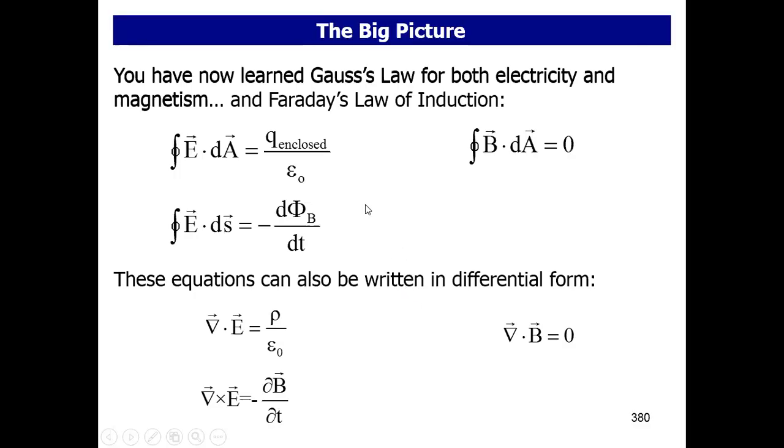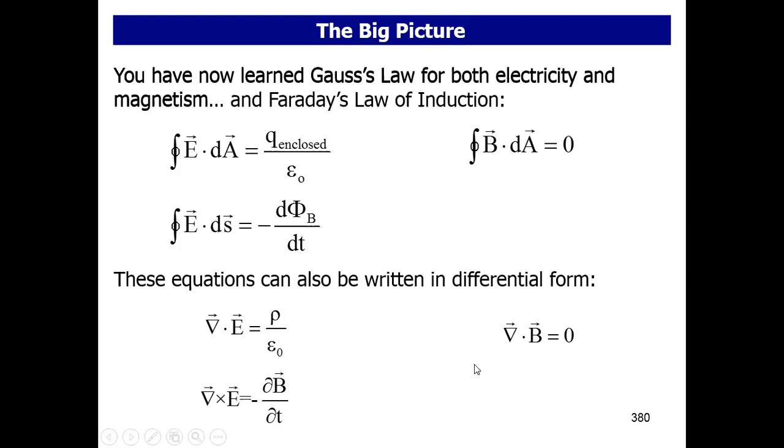This is the set of equations we have already studied. E dot ds is equal to q enclosed, B dot ds is 0, E dot dl is minus of d phi B by dt. In differential form, del dot E is rho upon epsilon, del dot B is 0, del cross E is minus of del B upon del t, and one equation is missing. Which one is that?